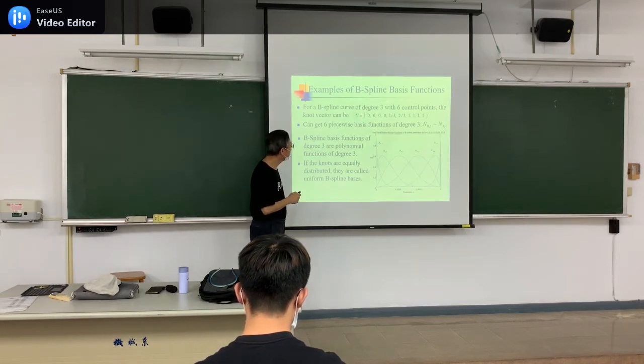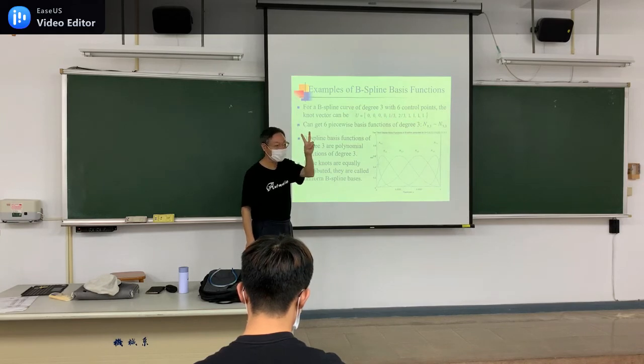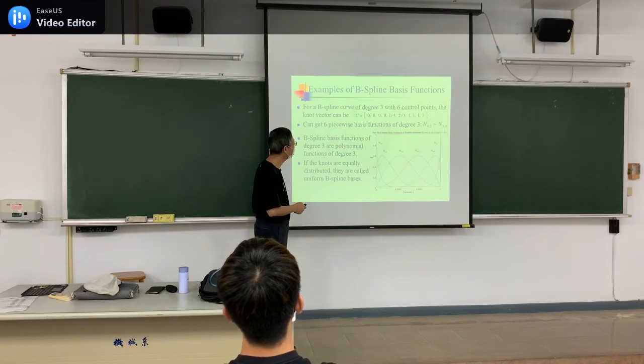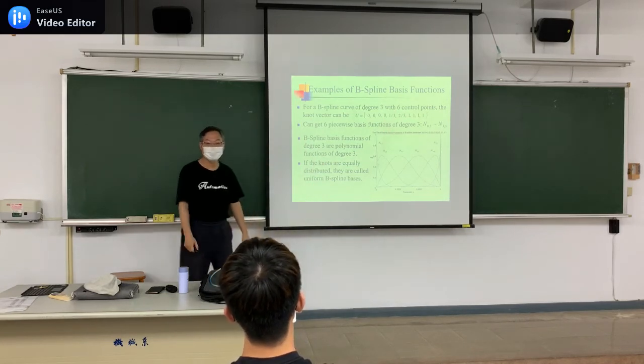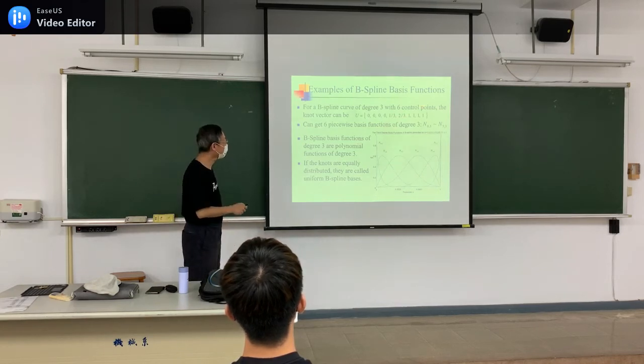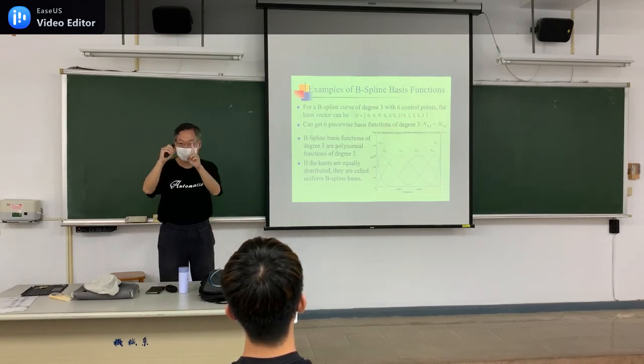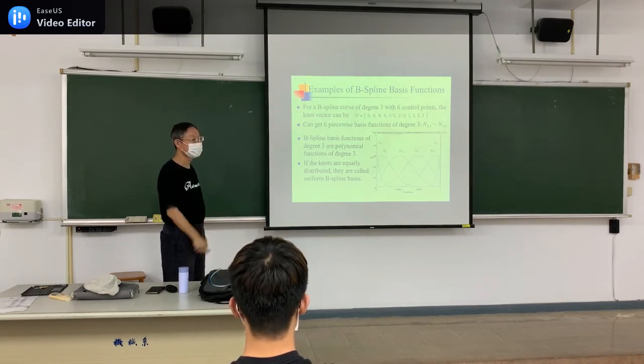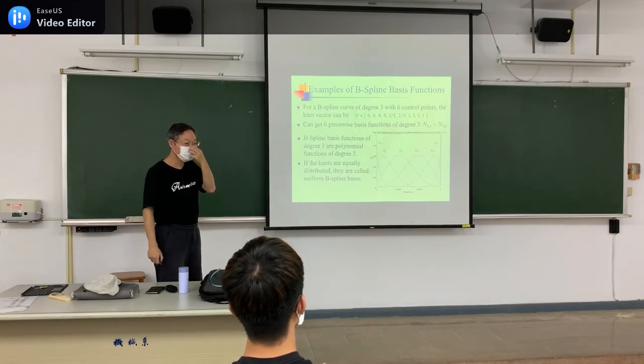So you have 4 at the beginning, another 4 at the end. So in between you have 2 left. It's equally spaced, so it's 1 over 3, 2 over 3. Then you have a total of 10 knots. So the knot vector is this. Any questions?